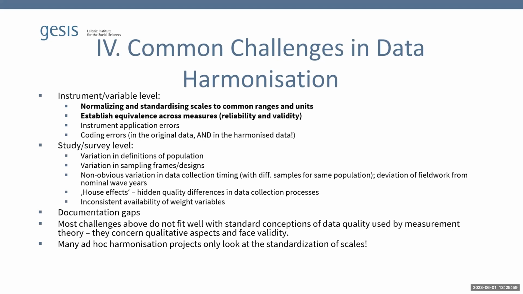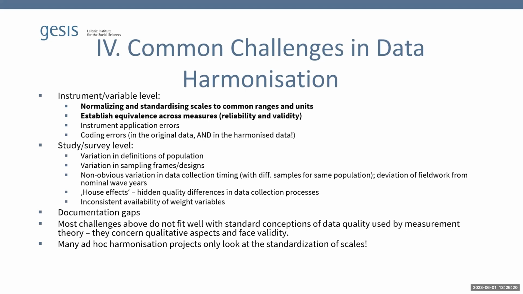Then we have variation in sampling frames or designs, descriptions of which are usually hidden deep in methodology reports, which you never look at basically if you look at harmonized data sets, because that's done for the original national source sample.